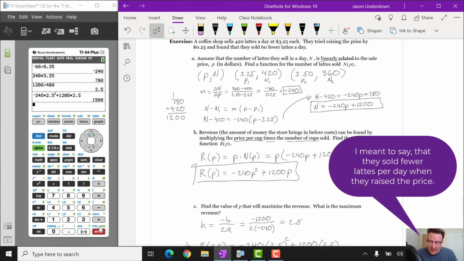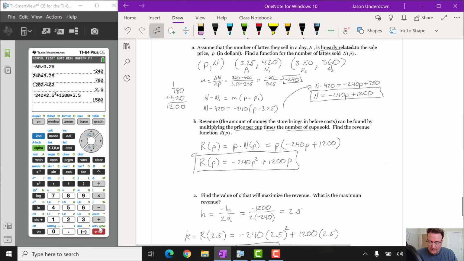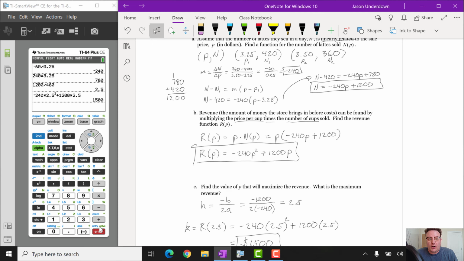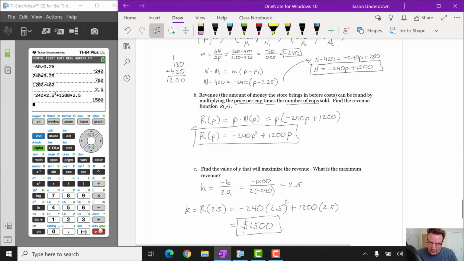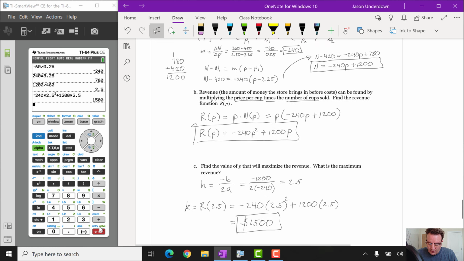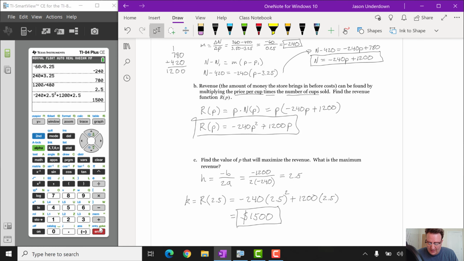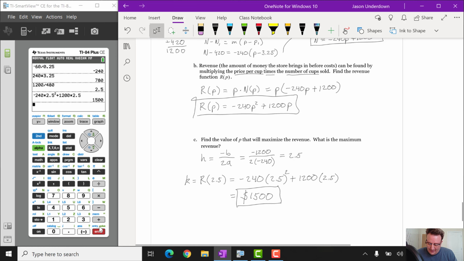But that was enough of an experiment to give us some data to be confident that we can lower the price even more, down to $2.50 per latte. And at that price, we should get a revenue of about $1,500. Well, according to this formula, exactly $1,500, but of course it won't be exactly that in real life, will it?